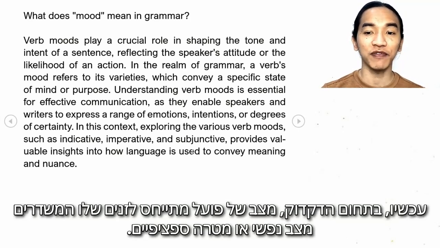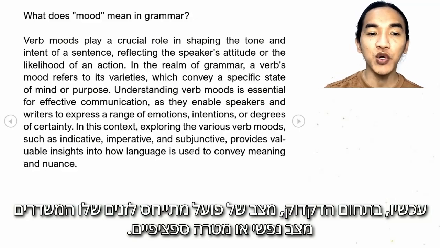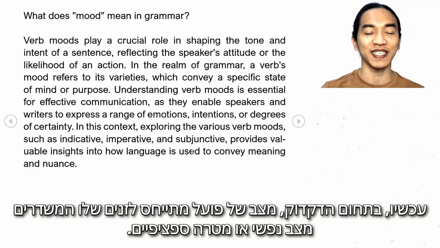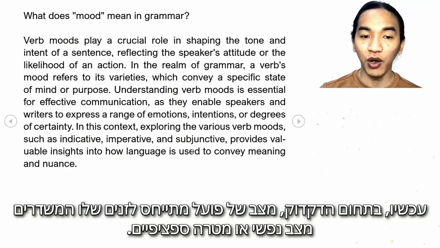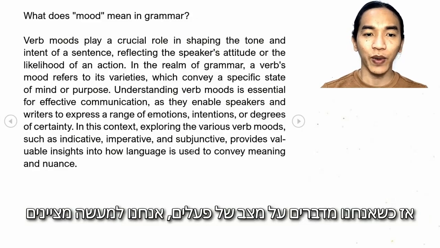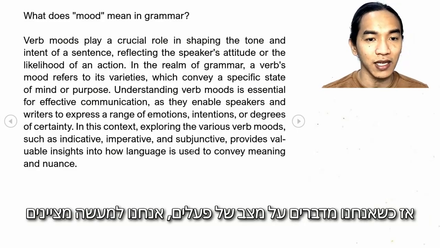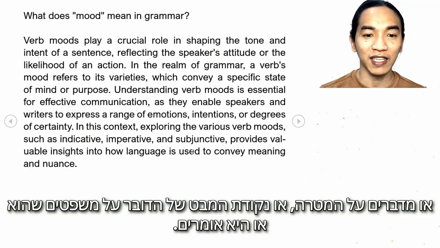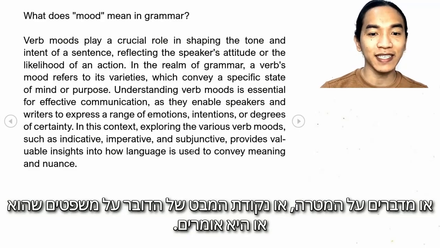Now, in the realm of grammar, a verb's mood refers to its varieties, which convey a specific state of mind or purpose. So when we are talking about the mood of verbs, we are actually talking about the purpose, or the perspective of the speaker on the sentences that he or she is saying.